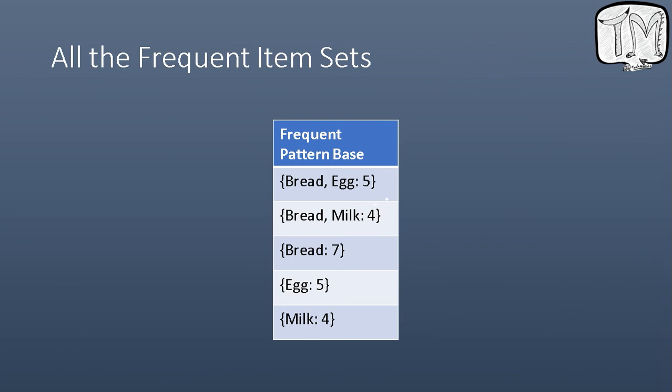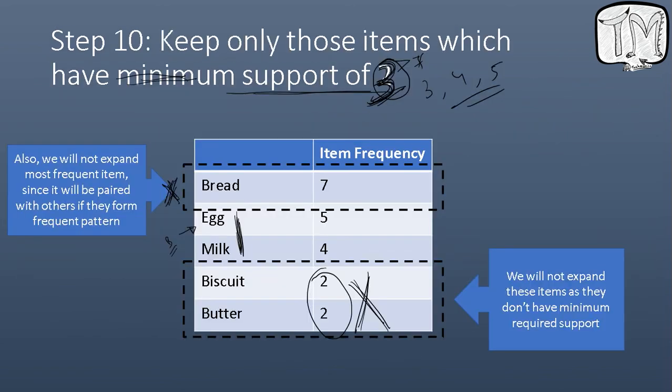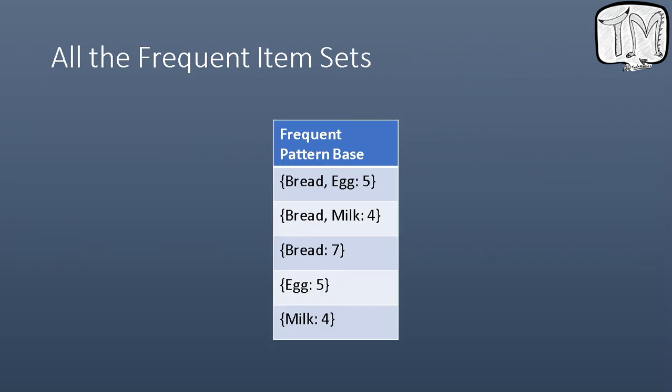So I've listed down all the frequent item sets. As we saw here, our minimum support threshold was 3. Definitely biscuit and butter were disqualified, but bread, egg and milk qualified. Okay, so as you can see here in the final frequent item sets, we have bread, we have egg and milk.